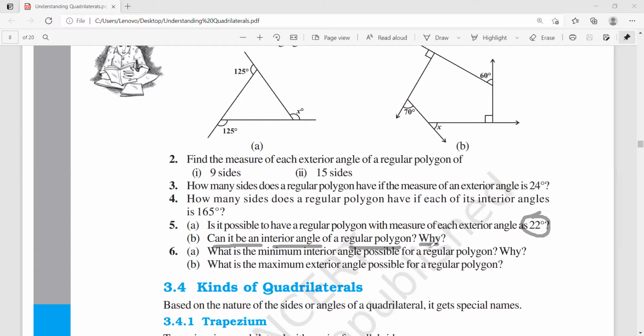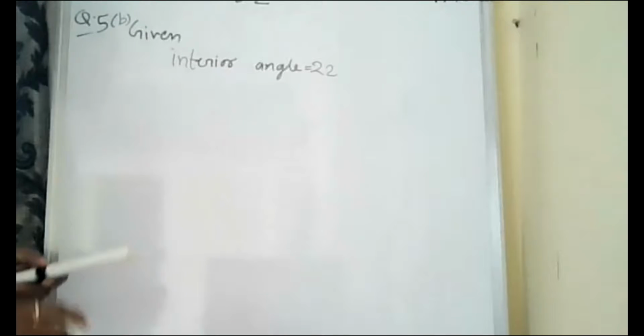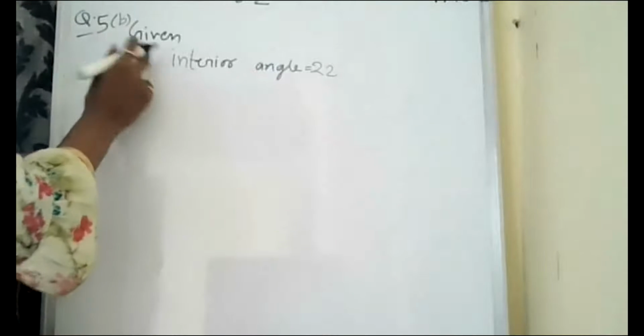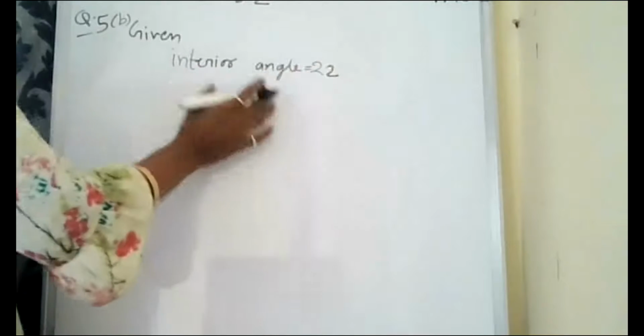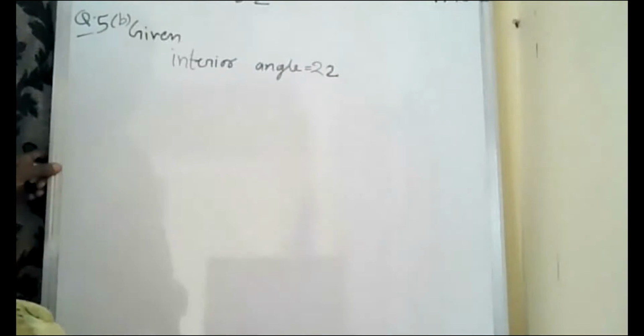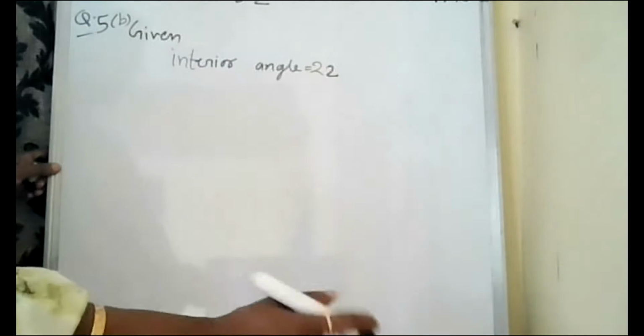Why or why not? This is related to the first part. In the first part 22 degrees was the exterior angle; now we have to find out whether 22 degrees can be an interior angle of a regular polygon. Let's check. If 22 is an interior angle, we have to tell whether there will be a regular polygon or not.